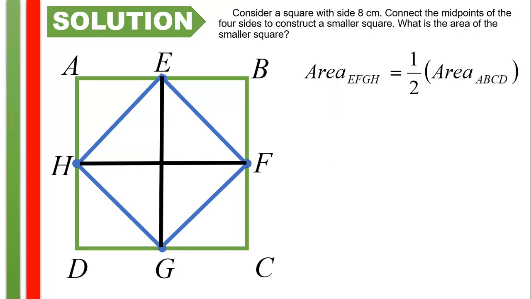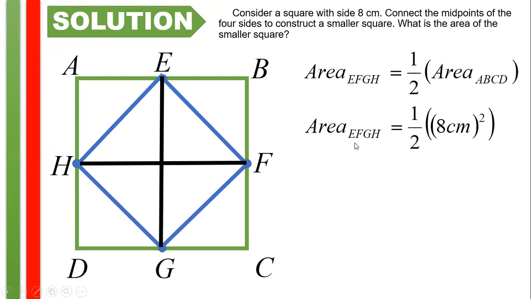With such, the area of EFGH is 1/2 the area of ABCD. And we know that the side of square ABCD based on the problem is 8 centimeters. And to get the area of a square, the formula is side squared, or you just multiply the side to itself.